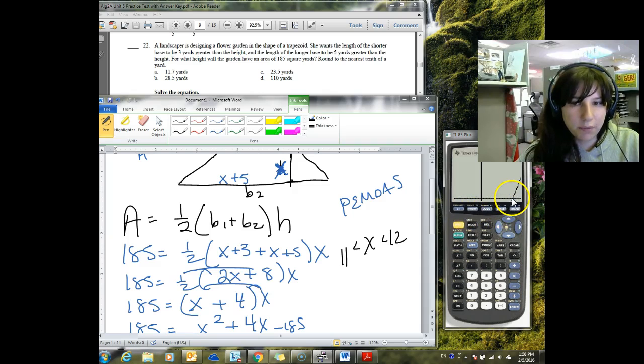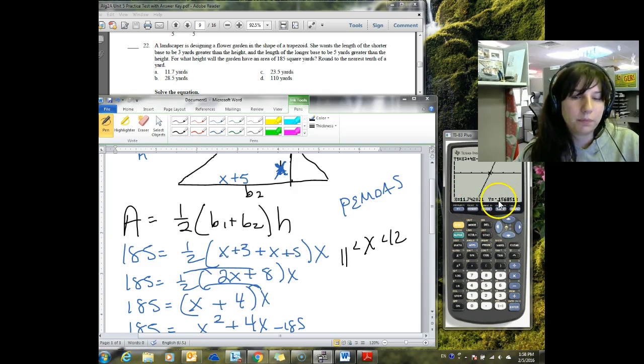And I'm trying to find this number right here where y is 0. Well, it's going to keep going until I hit 0. Let's zoom in. And how close can I get? 11.7. Pretty close to 0.